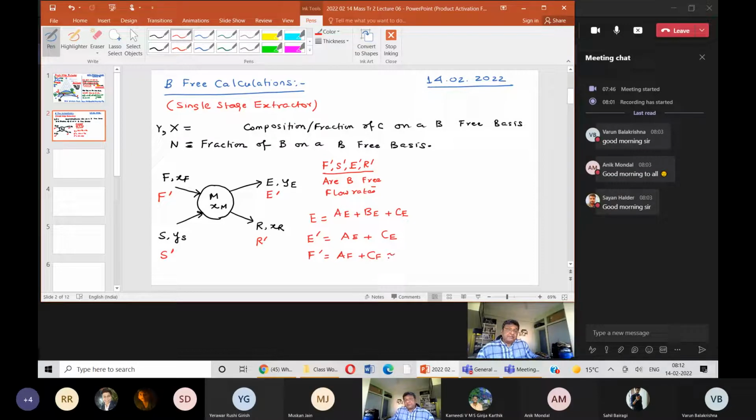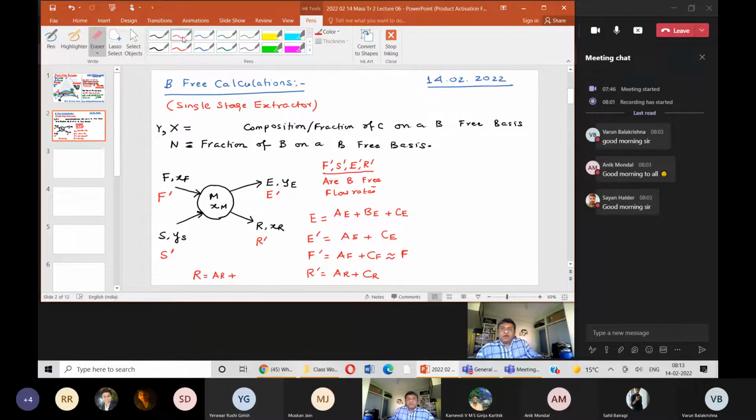And probably the class should start understanding this should be equal to F. R dash should mean A in R plus C in R, whereas in comparison, R would mean A in R plus B in R.